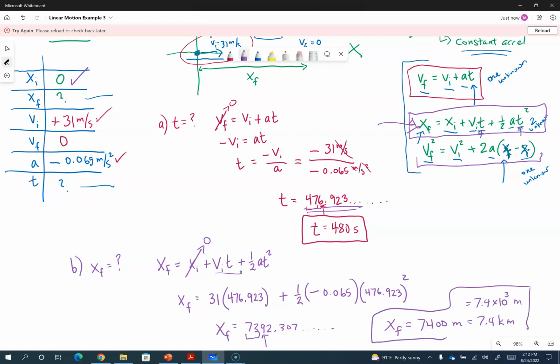Any of those is fine. But again, when you get to a final answer, make sure you are paying attention to significant figures and rounding appropriately.